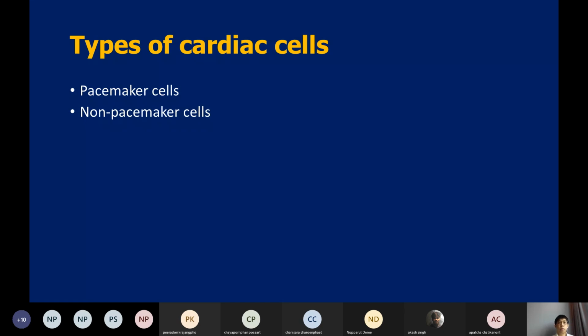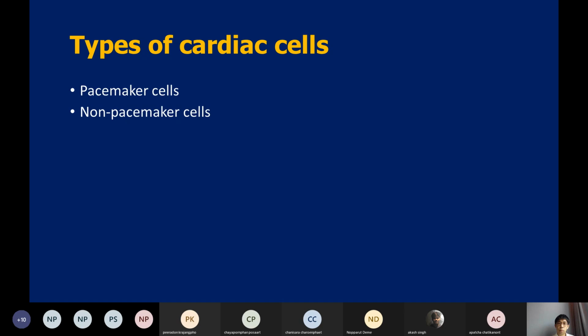The first thing you need to know is the types of cardiac cells. There are two types: the pacemaker cells and the non-pacemaker cells. The pacemaker cells are located in the sinoatrial node and the atrioventricular node, or the AV node. These cells lead to the generation of impulses in the normal heart. The second type is the non-pacemaker cells.